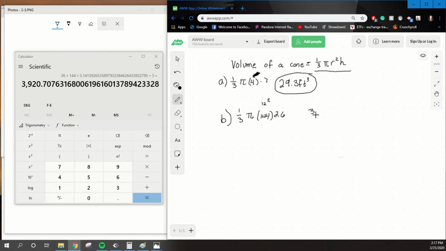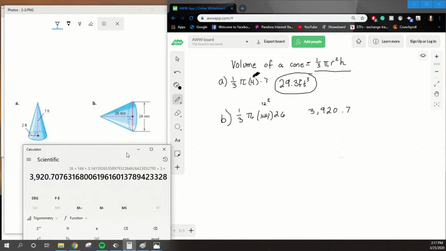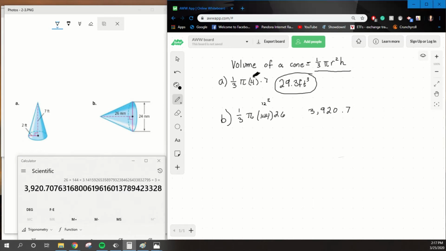So we don't have to write that whole thing out. We just have that 3,920.7, and then I think we're working in millimeters. Yep, millimeters. And we're talking about volume, so we're cubed. So 3,920.7 millimeters cubed.